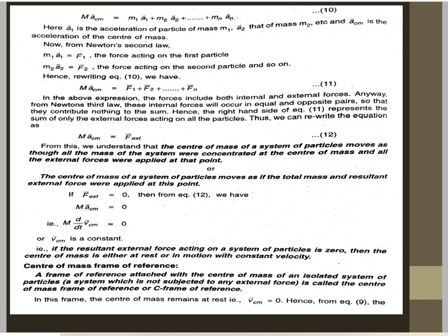If the resultant external force acting on the system of particles is 0, then the center of mass is either at rest or moving with constant velocity. So if no external force acts, the center of mass is either at rest or keeps moving with uniform velocity.